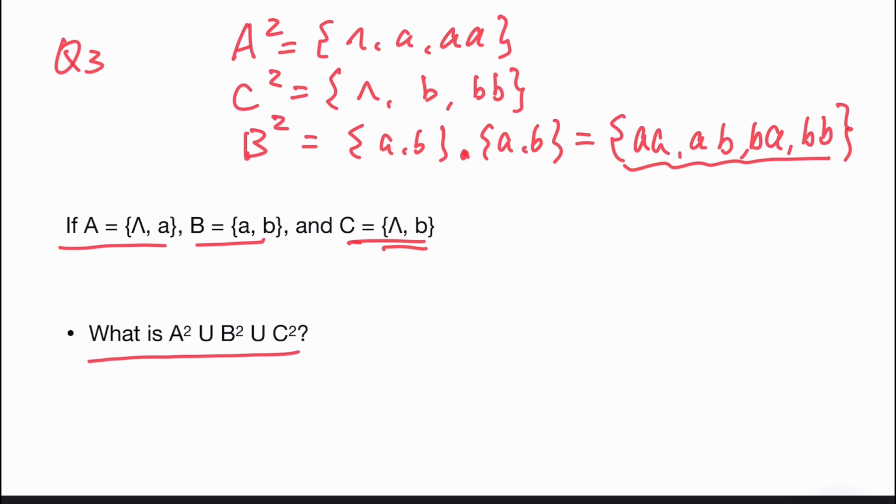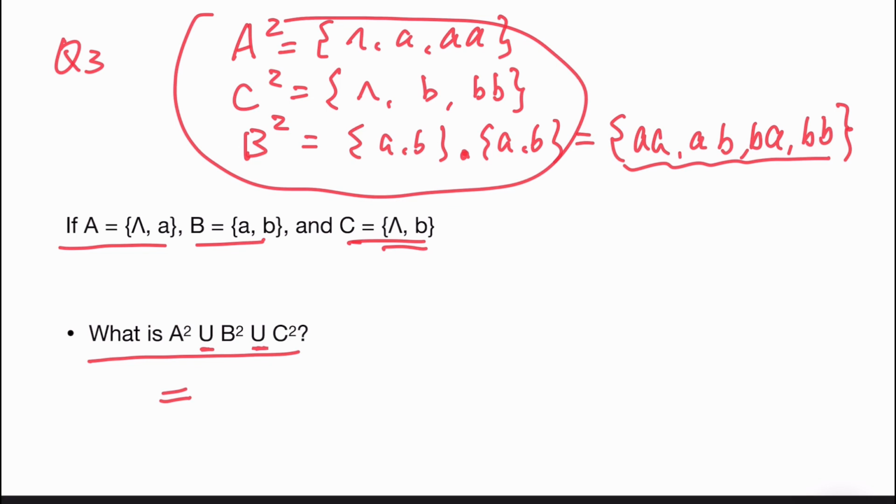Now come back to this question. We're simply saying the final language should be a union of everything. We just need to put everything together, that's all, but remove all the duplicates, if any. Okay, let's quickly copy. We have lambda, we have A, we have B, and then we have AA and BB.